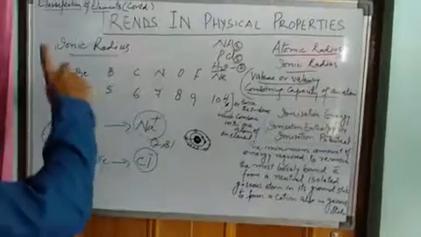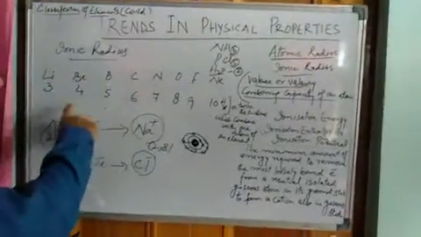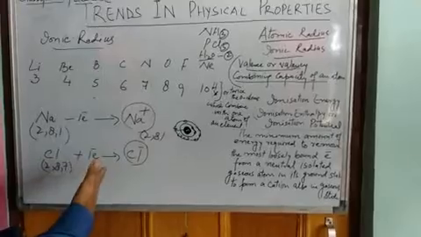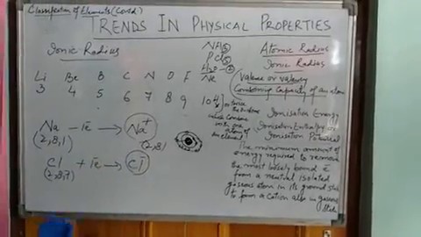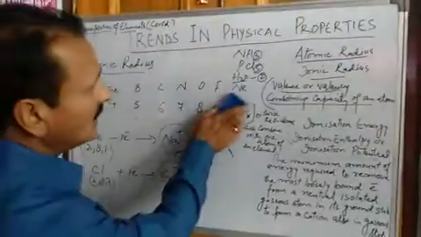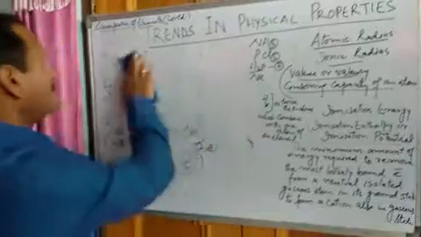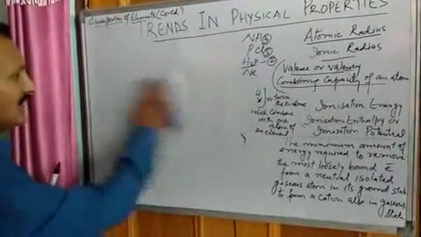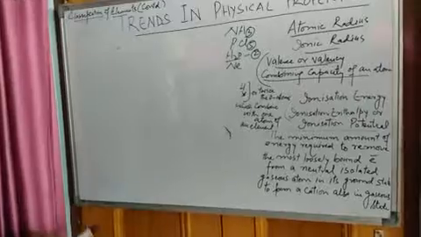So ionic radius shows a decreasing trend in a period but an increasing trend in a group. This was another physical property and its trend along a period and in a group.